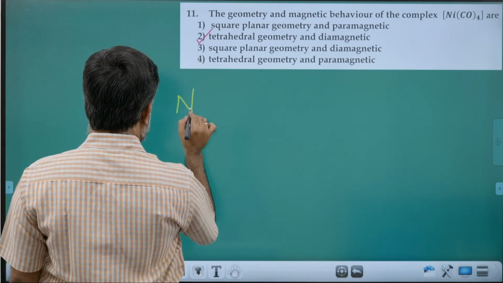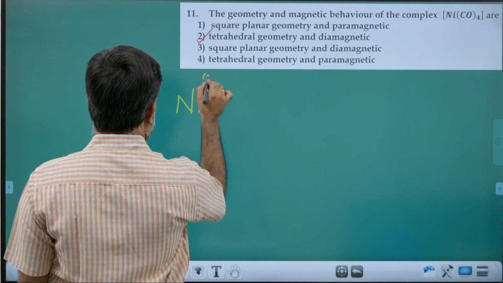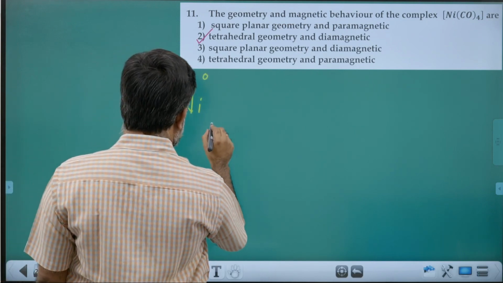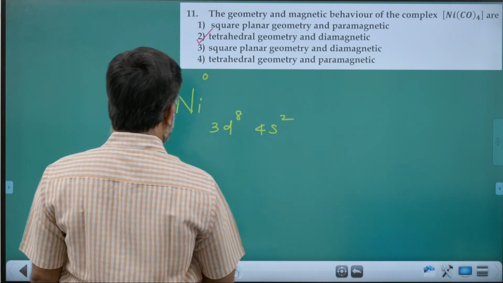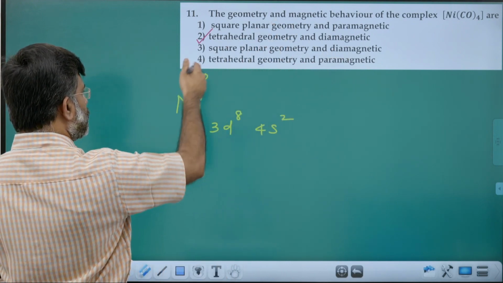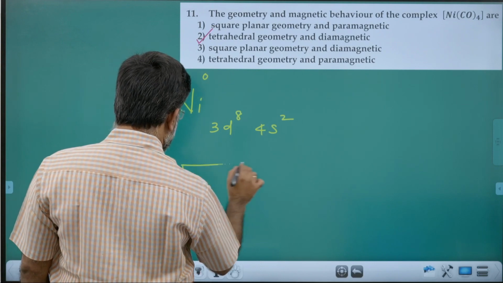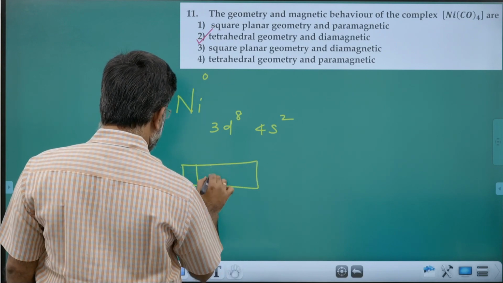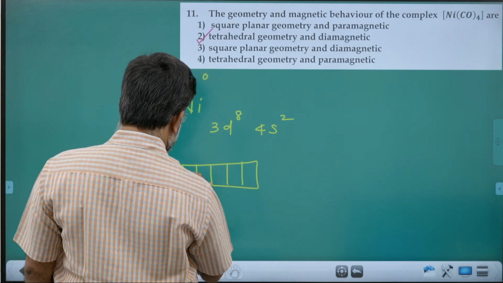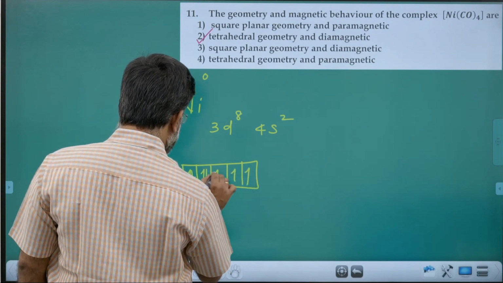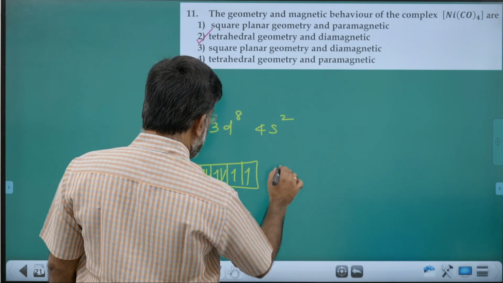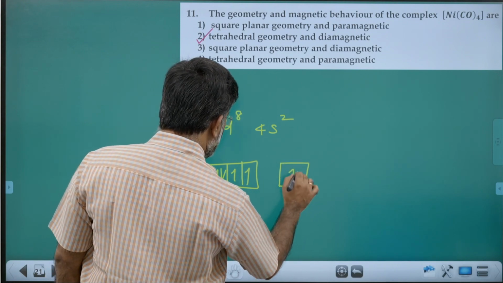All of you know nickel tetracarbonyl. Nickel is in 0 oxidation state. Nickel is 3D8, 4S2, and in tetracarbonyl it is 0 oxidation state. What is going to be D8? 1, 2, 3, 4, 5, 6, 7, 8. This is D8, and there are 2 electrons.